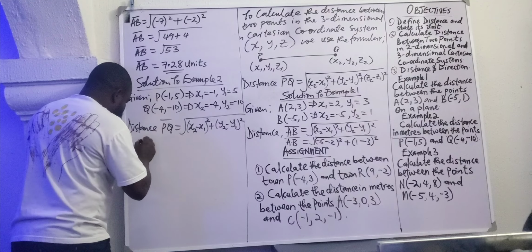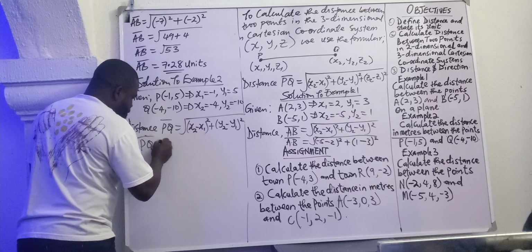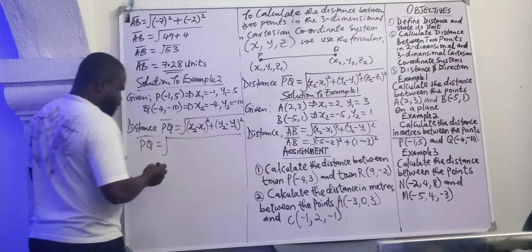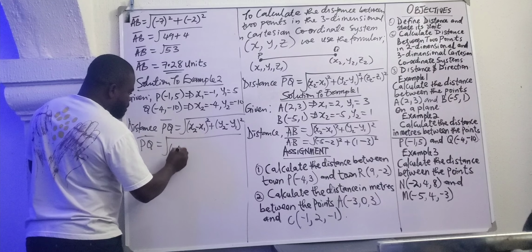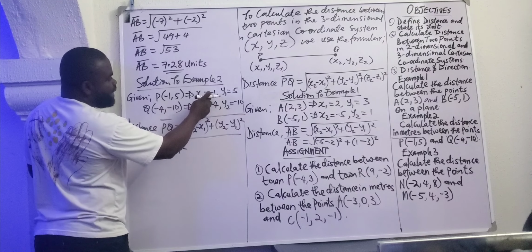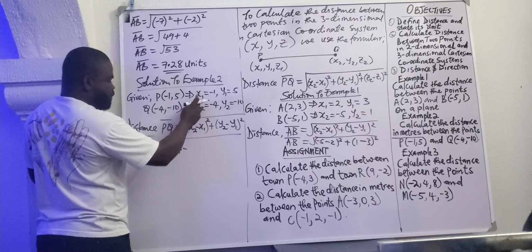So if I substitute, that will give me distance of line PQ as square root of S2 is -4 minus, now -1 for S1.